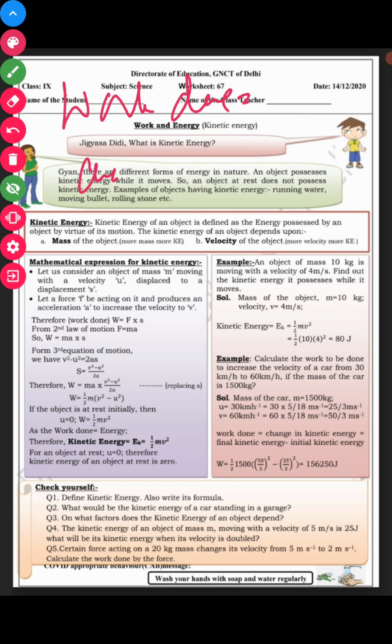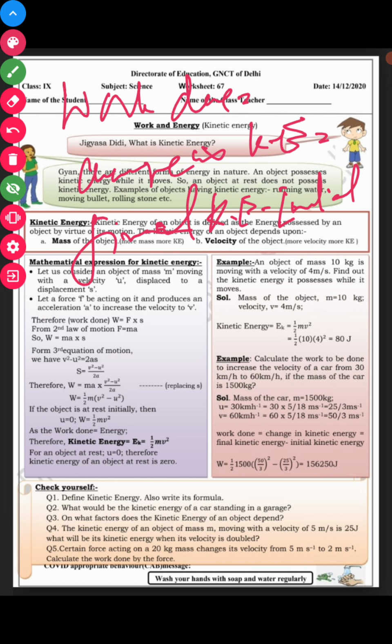Change in kinetic energy. And what about kinetic energy? That is equal to your final kinetic energy minus initial kinetic energy.